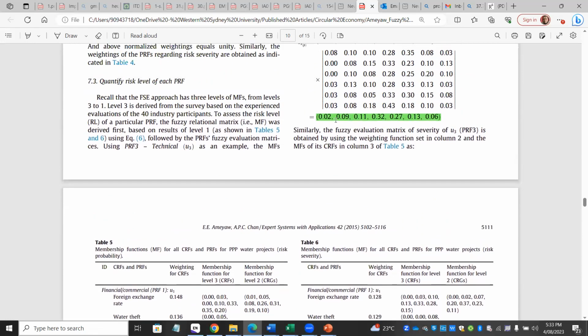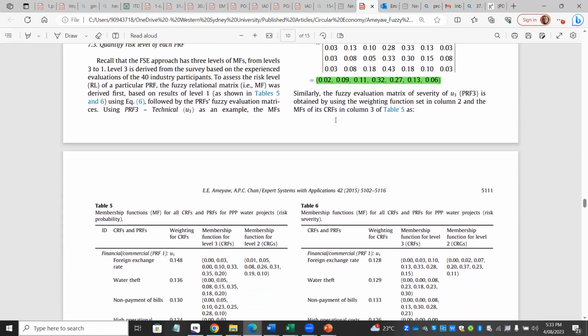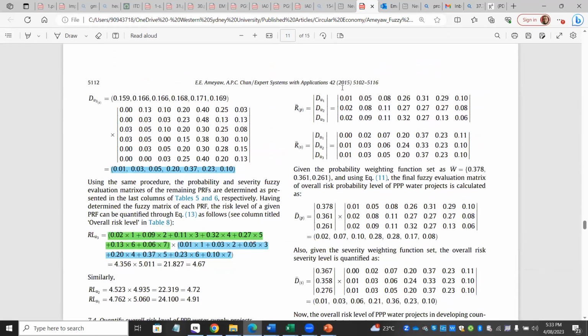In other words, this part is just a continuation of what we did. So you pick the probability for the 3rd group, and then you pick the severity of the 3rd group, as that's also represented here. And then you also pick similar ones for group 1 and group 2. So you present them in a matrix form.